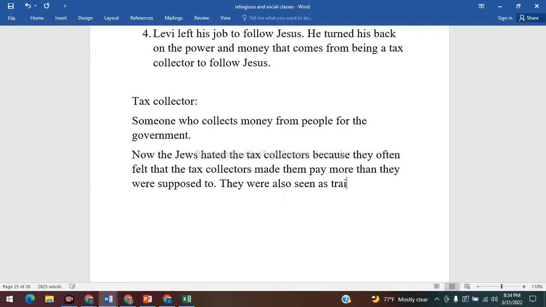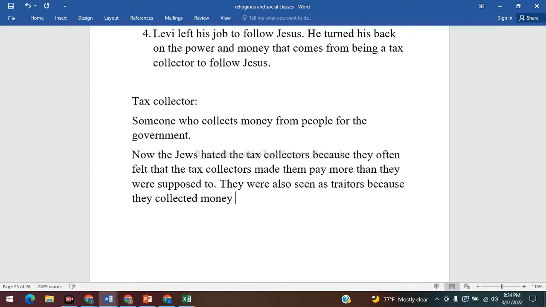Because you can imagine if the government says they only want 1 penny and the tax collectors charge $5, how much more money do you see that they're getting? A lot more, right? That's how Zacchaeus got rich too.